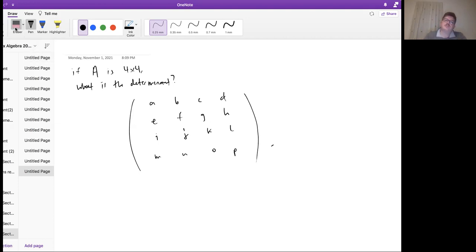So we're going to do a similar trick that we did for the 3 by 3. Let's pretend we did one operation of row reduction. The first row reduction operation would be to delete the entries in the first column, correct?